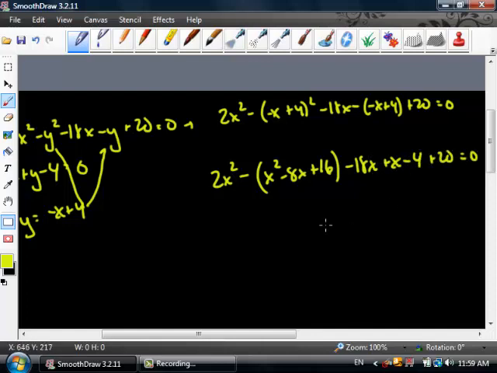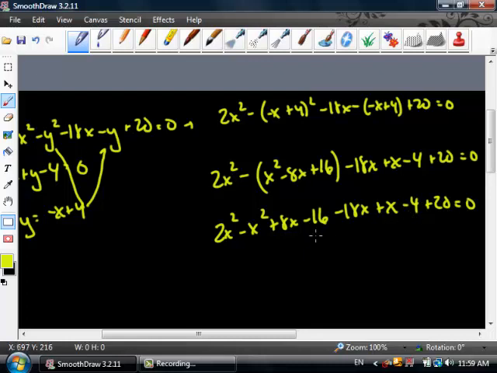So I'm going to clean this up here. 2x squared minus x squared plus 8x minus 16 minus 18x plus x minus 4 plus 20 equals 0. Let's clean all this garbage up. That's x squared. Here and here, that is negative 10x. Sorry, plus another one, so that's negative 9.